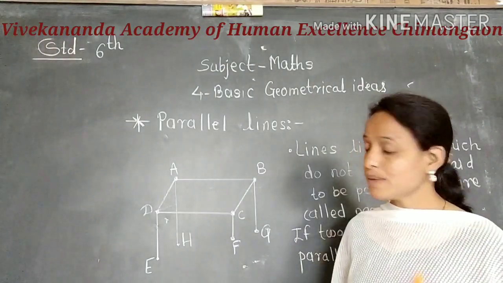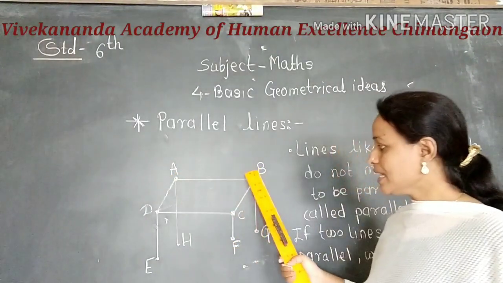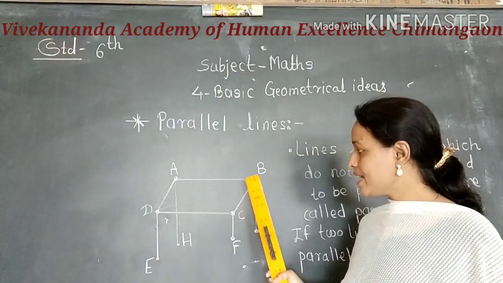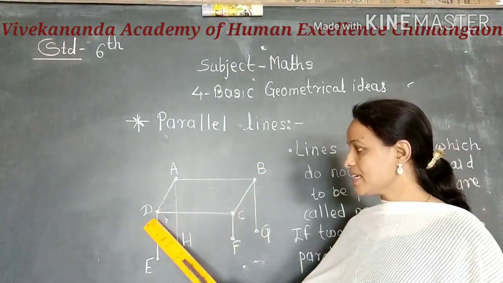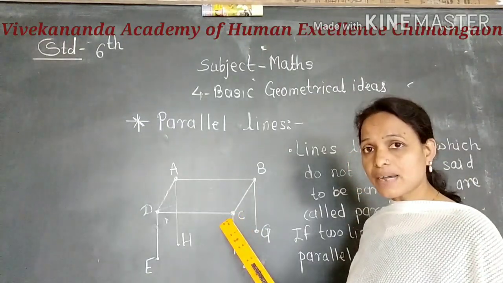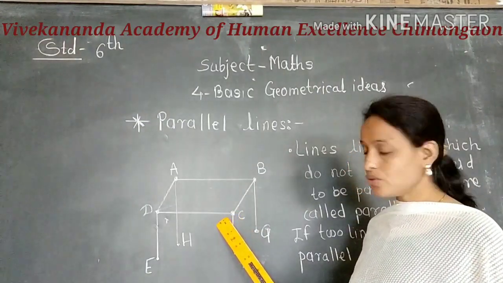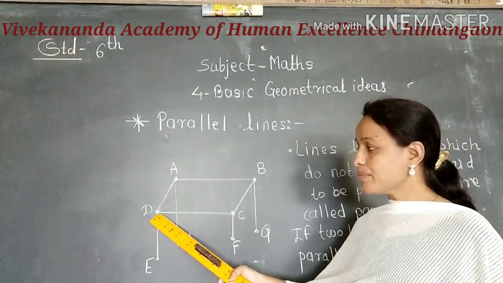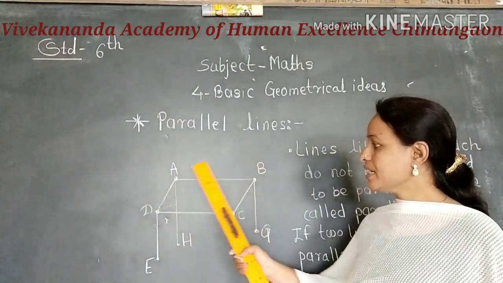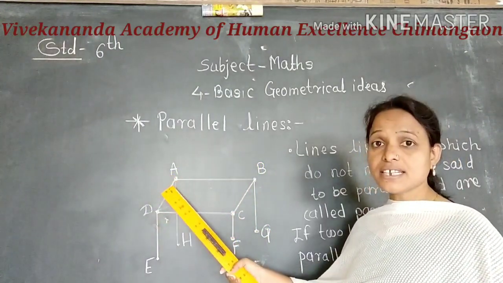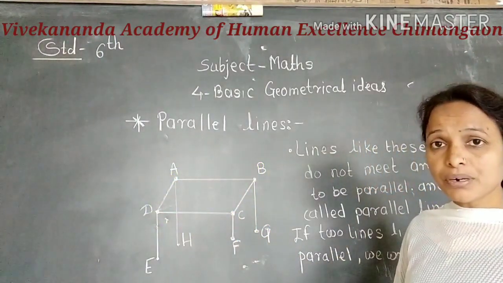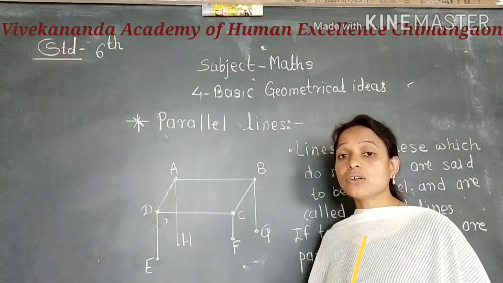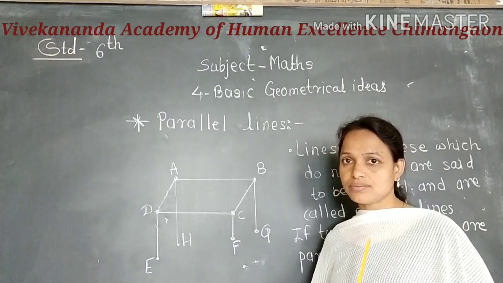So in this figure, line segment AB and BC intersect at point B, as well as line segment BC and CD intersect at point C. Also, line segment CD and AD intersect at point D, and line segment AB and AD intersect at point A. But here are some line segments which do not intersect each other.